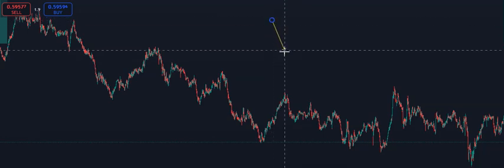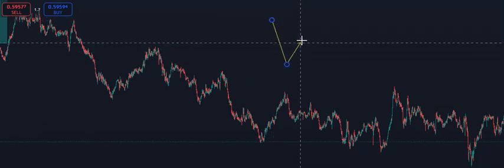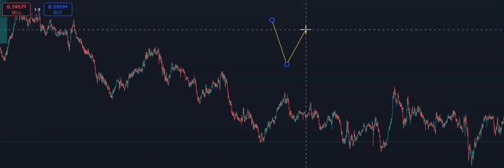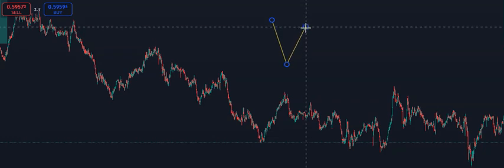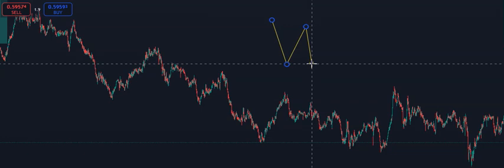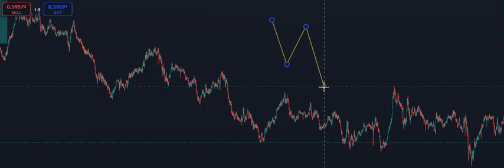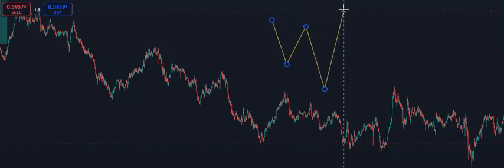So price makes a low, then makes a high, a lower high. So we're thinking price is going to make a lower low, which price does, and then price reverses.